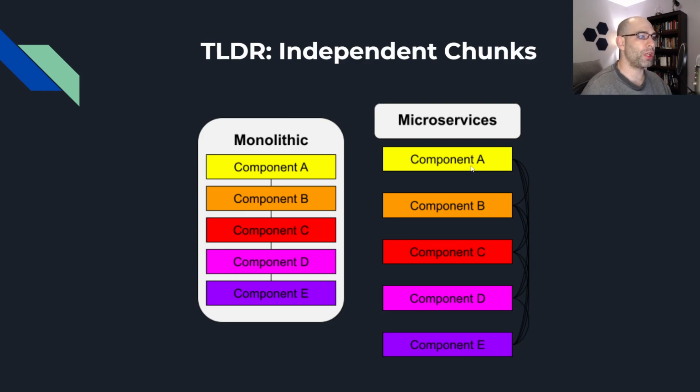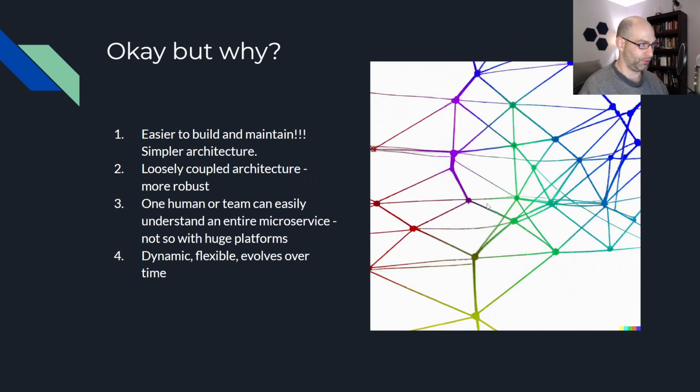And so then what you do is you break all the parts of that software down into smaller chunks, and then you have them communicate with each other like independent units or teams. So monolithic versus microservices. There are a few steps in between, but this is where we started and this is where we're at. Okay, but why?